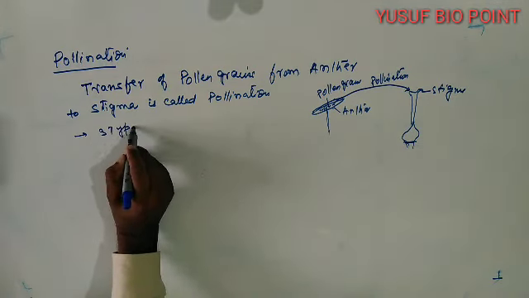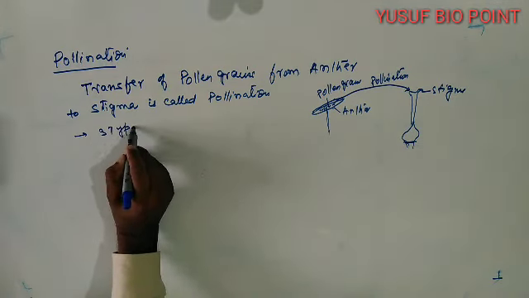One is autogamy. Auto means self, so it is also known as self-pollination. Next one, geitonogamy, and next one, xenogamy.